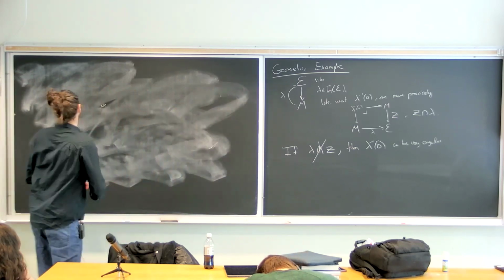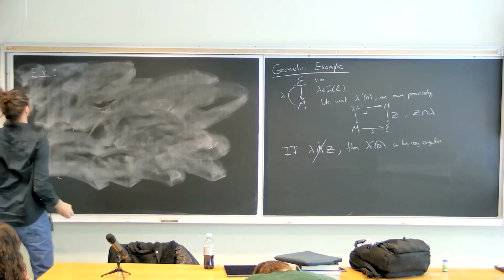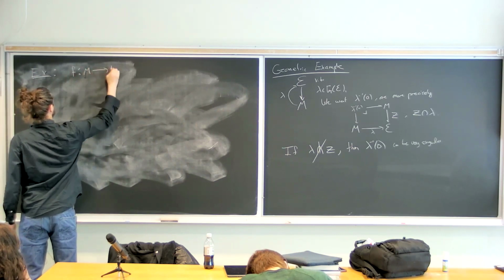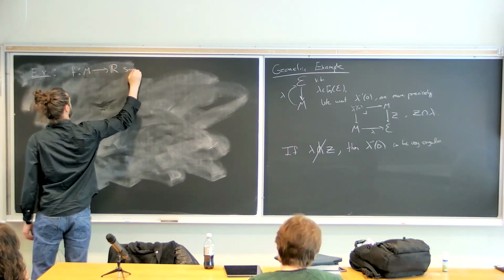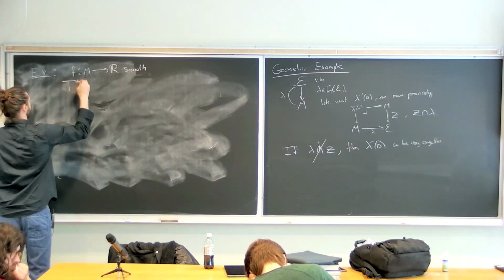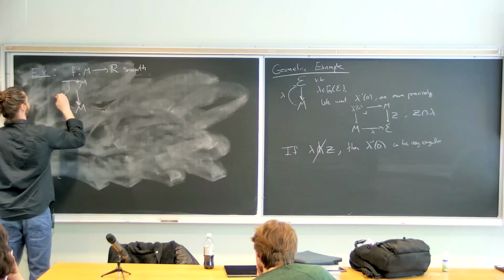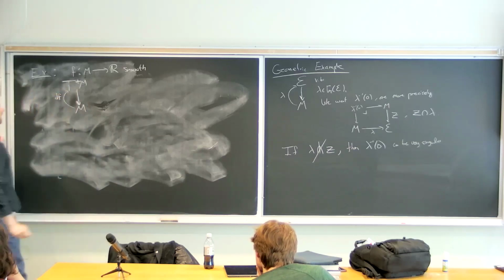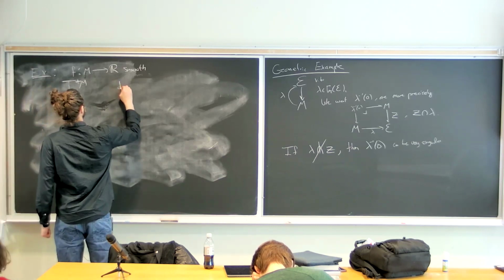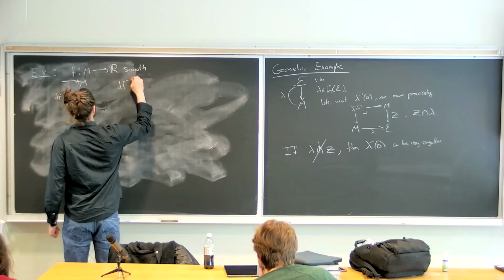All right. So suppose that I'm just given some smooth function f. And then I can look at, say, the cotangent bundle. And then I have df. Well, first of all, what you could write is df inverse of 0.